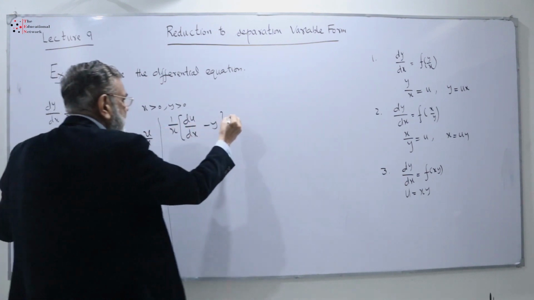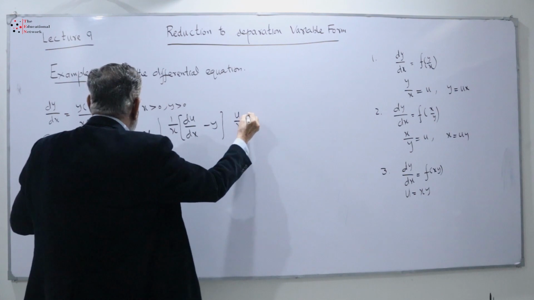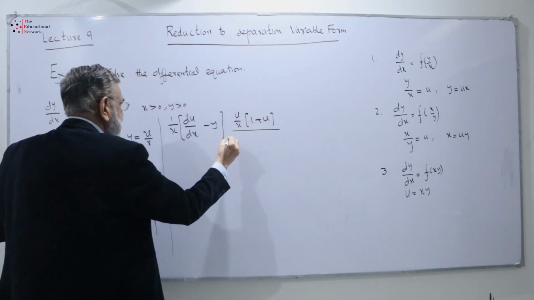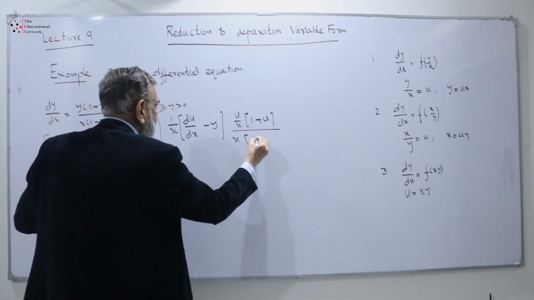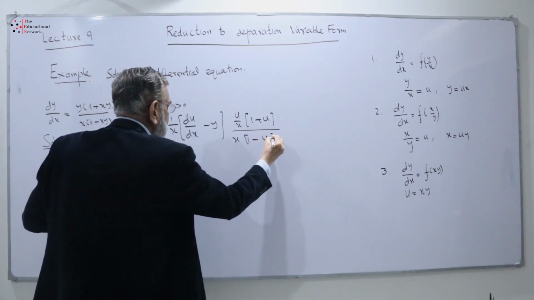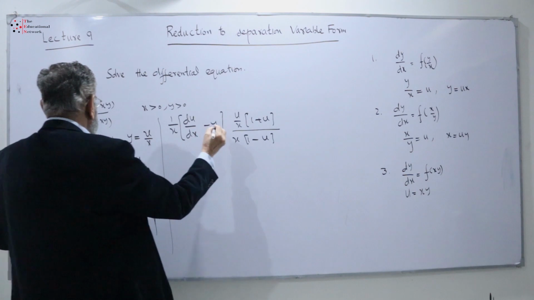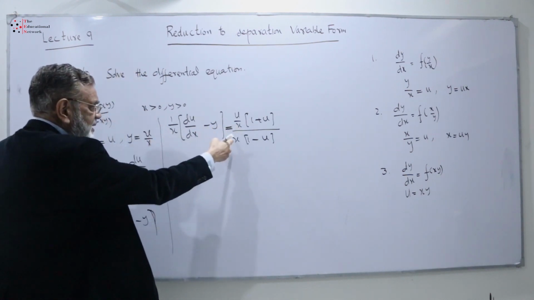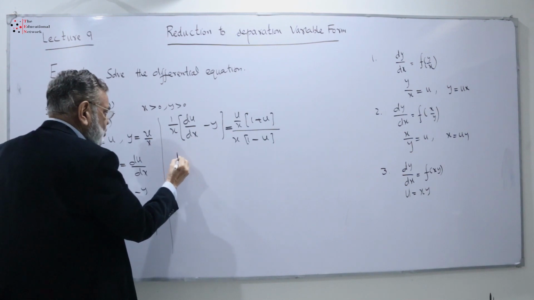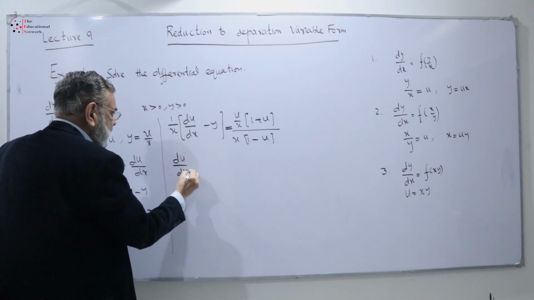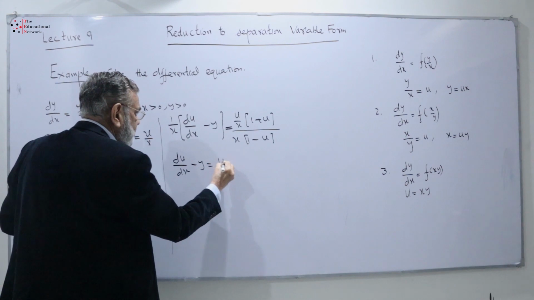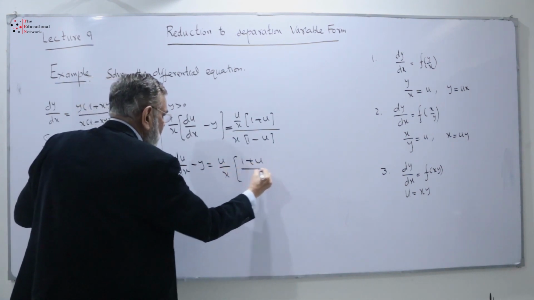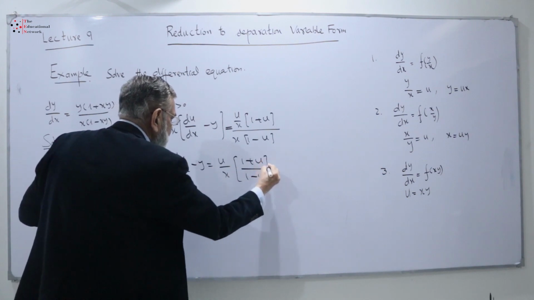So I get u upon x into (1 plus u) over (1 minus u). Now I can multiply by x, and this x cancels with x. I get du by dx minus y is equal to u upon x times (1 plus u) over (1 minus u).